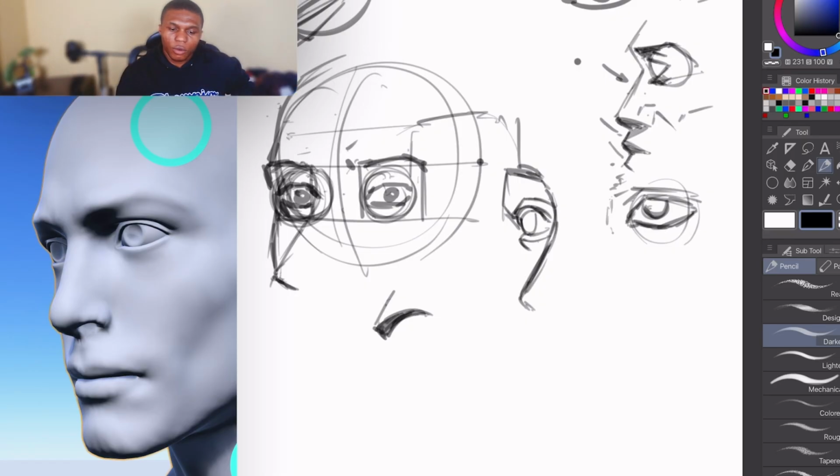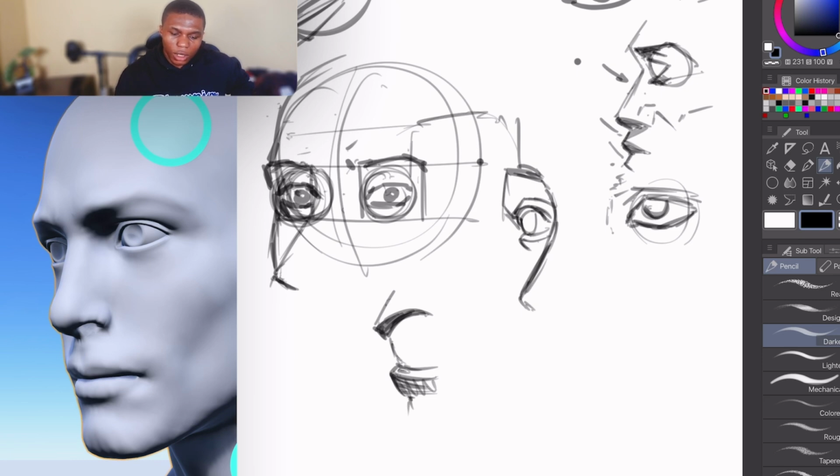While you can see the lower lid over here, you are seeing that there is a bit of highlight in that area, and the bottom plane of the lower lid, there is shadow over there.